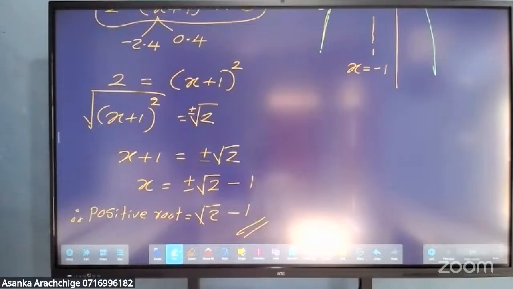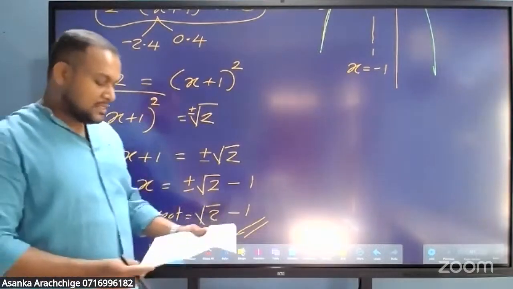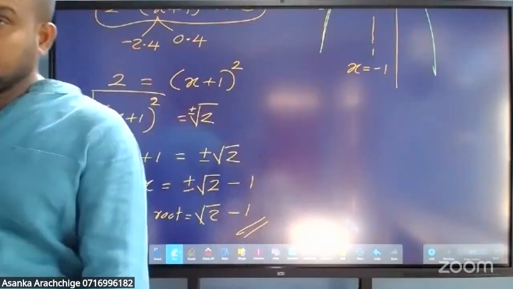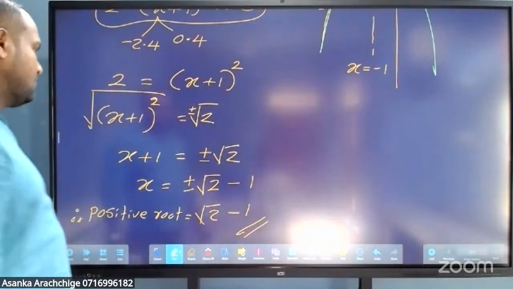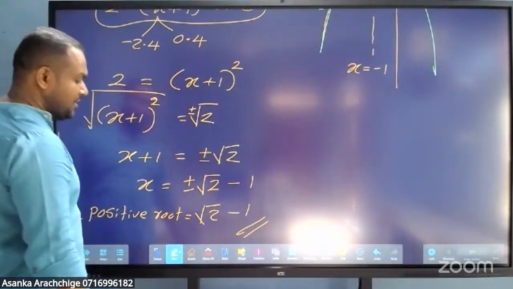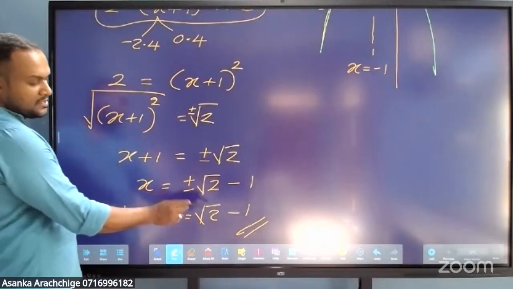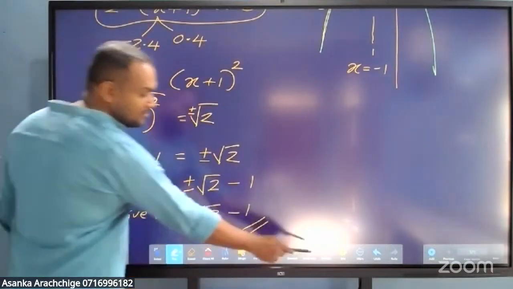Therefore, the positive root is square root of 2 minus 1. Then obtain the value of square root of 2. Now we know the positive root is square root of 2 minus 1.